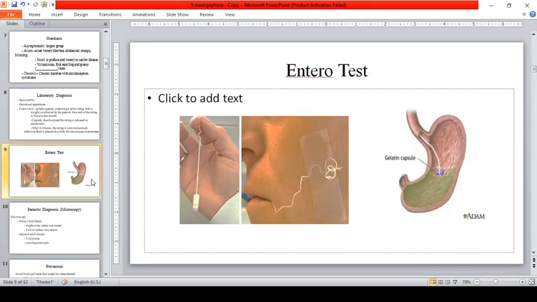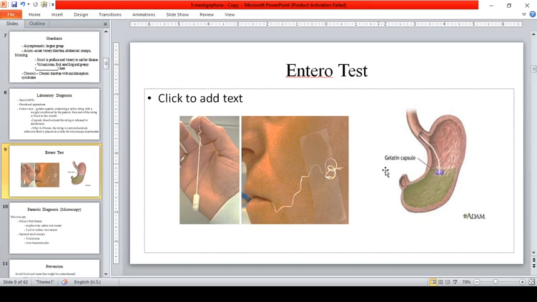So this one, guys, meron siyang capsule. Okay? So in the Enterotest, a gelatin capsule with a nylon string. So anong gagawin diyan? Kakainin yan or i-ingest yan ng patient suspected to be infected with Giardia lamblia. And then that is released into the duodenal area.